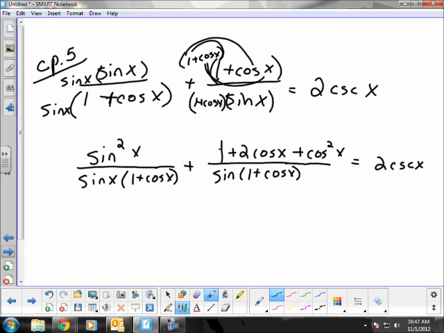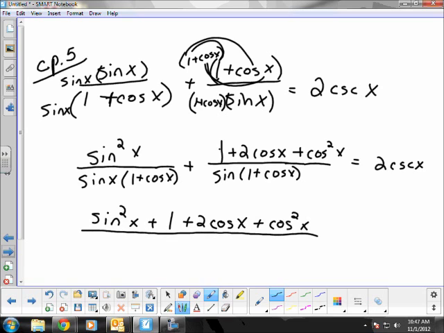I can add them together. So this becomes the sine squared of x plus 1 plus 2 times the cosine of x plus the cosine squared of x, all over sine of x times 1 plus the cosine of x.